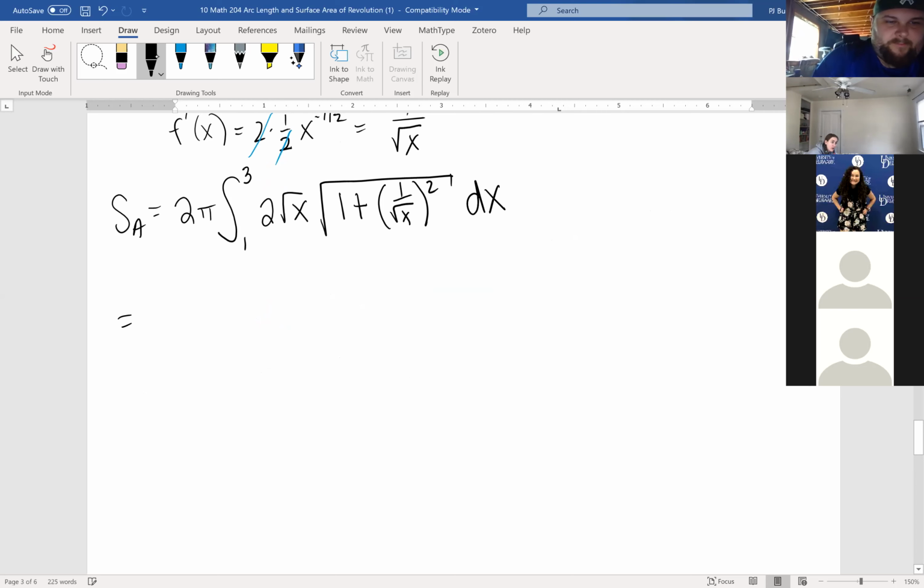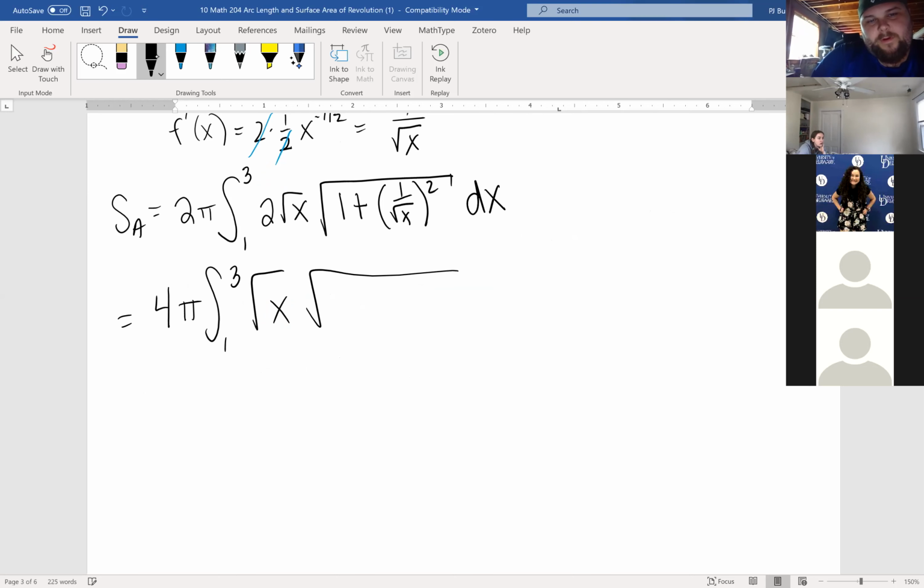So this is 4 pi square root x. And I have square root 1 plus 1 over x, because square root squared just returns what's inside.